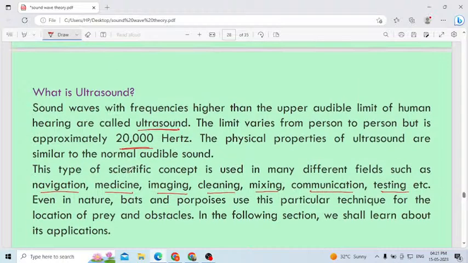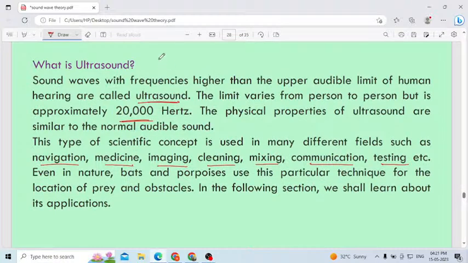Ultrasound is above that; above 20,000 Hertz you have to consider ultrasound. Okay, human audible range, 20 Hertz to 20,000 Hertz.